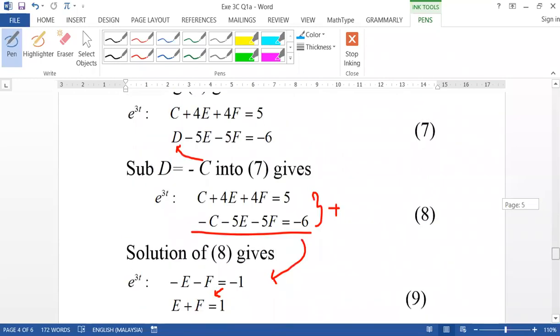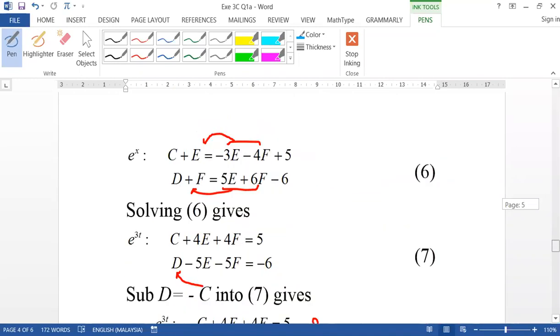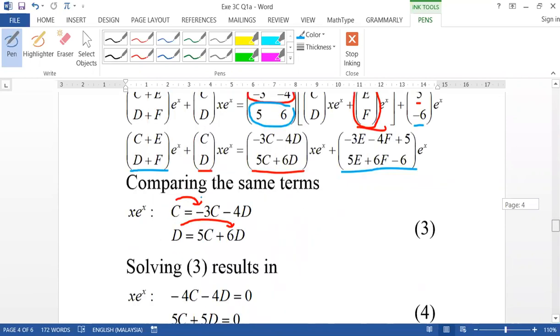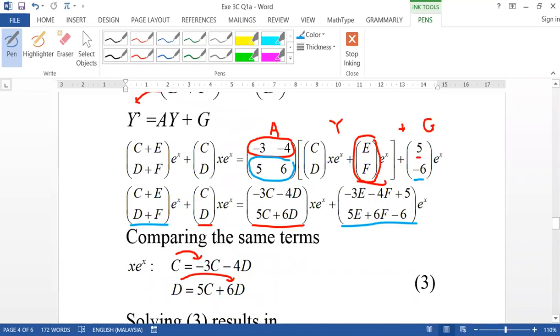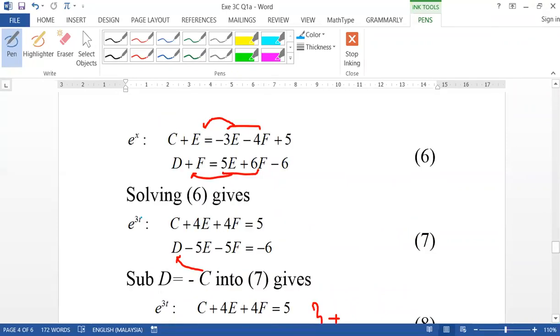And then later on you compare the exponent x term, the blue color. So negative 3e minus 4f plus 5 equal to c plus e, and 5e plus 6f minus 6 equal to d plus f. Here, this one you correct, because I used a previous template.